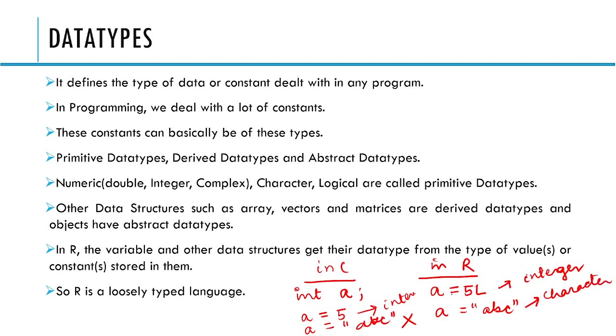So here in the first line, it was an integer, and after the second line, a becomes character type. So they don't have strong typing here. But in case of C, if it is declared as int, that means a can only have an integer, nothing else. So C is a strongly typed language. R is a loosely typed language.